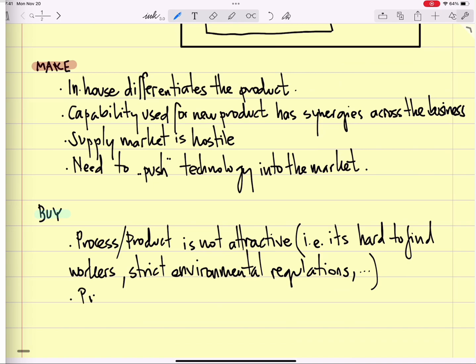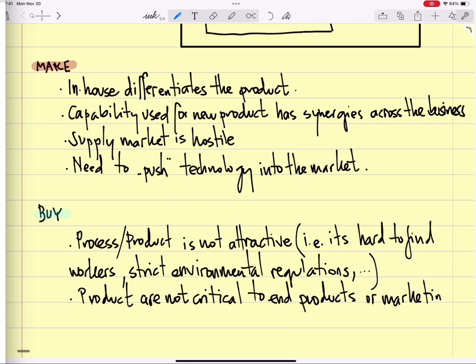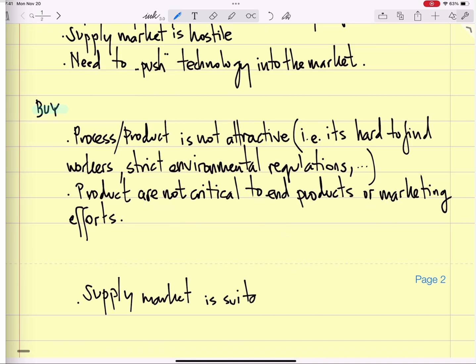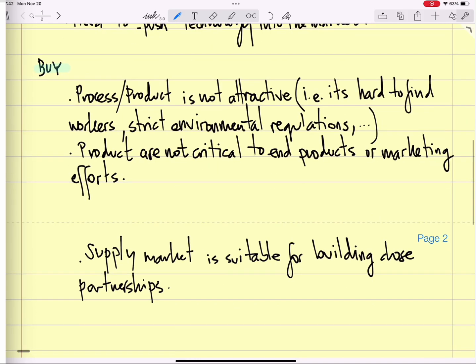or the product or process are not critical to end products or marketing efforts, or the supply market is suitable for building close partnerships, like if you want to win new suppliers for other products.